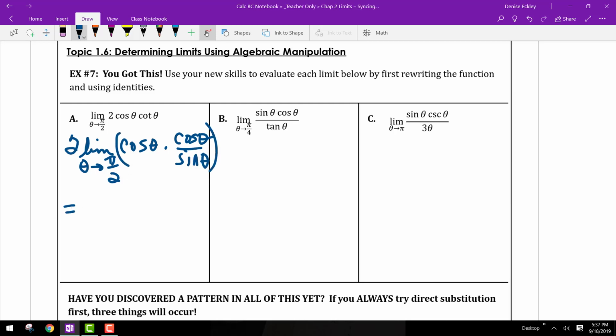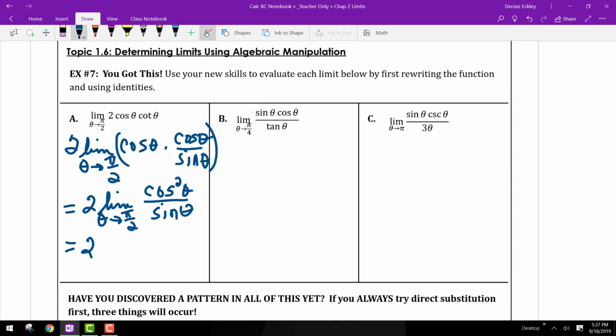So then we have 2 times the limit as theta approaches pi over 2 of cosine squared theta over sine theta. Now I'm going to try a direct substitution, because at this point I don't see anything I can really simplify.